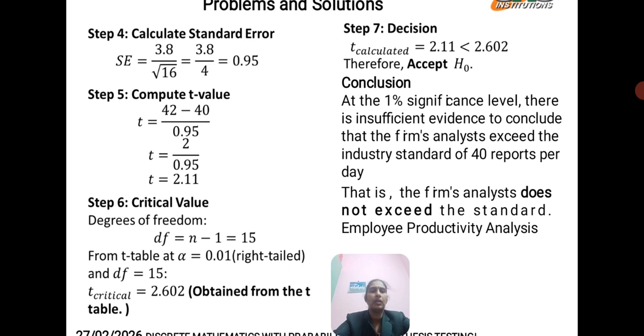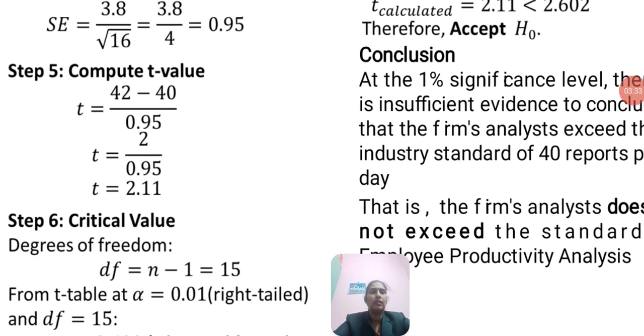Same problem, we have to calculate the standard error, 3.8 by root 16, that is 3.8 by 4, you will get 0.95. And we have to compute the t-test, t equal to 42 minus 40 by 0.95. So we will get t equal to 2 by 0.95, that is 2.11.